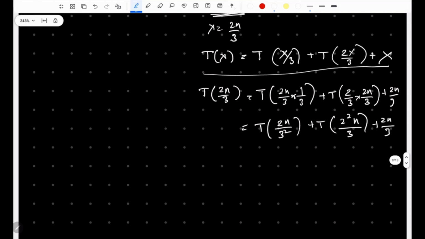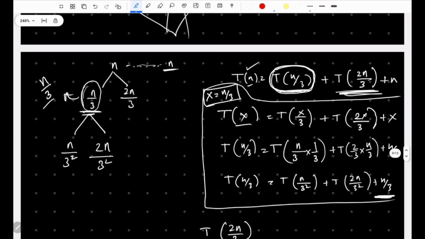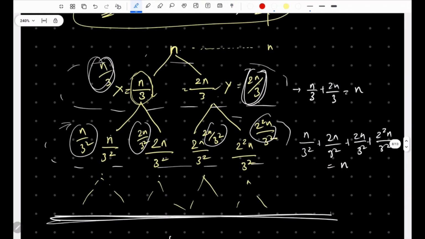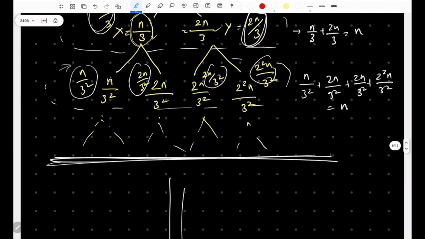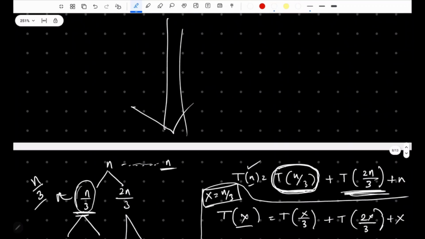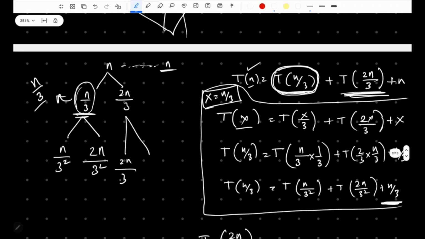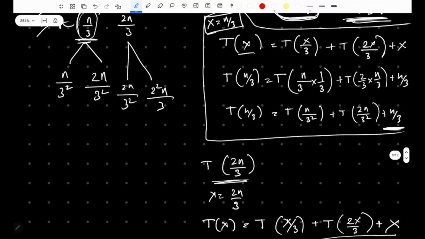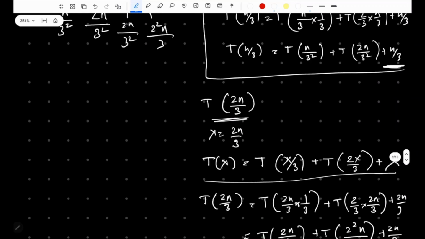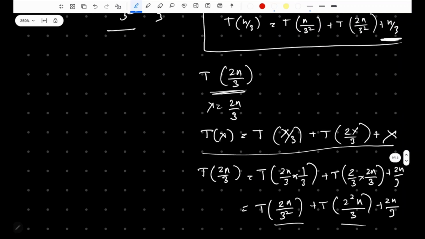Here, I have divided T of 2n by 3 into T of 2n by 3 square and 2 square n by 3.